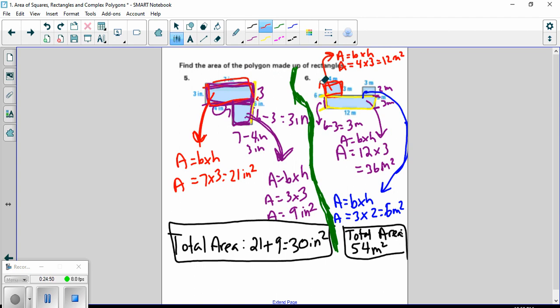The area of this rectangle is given up here. The area of this square, this 3 by 2, is given down here. And the area of the yellow rectangle is given right there. So the total areas for both: for 5, it's 30 inches squared, and for 6 it's 54 meters squared.